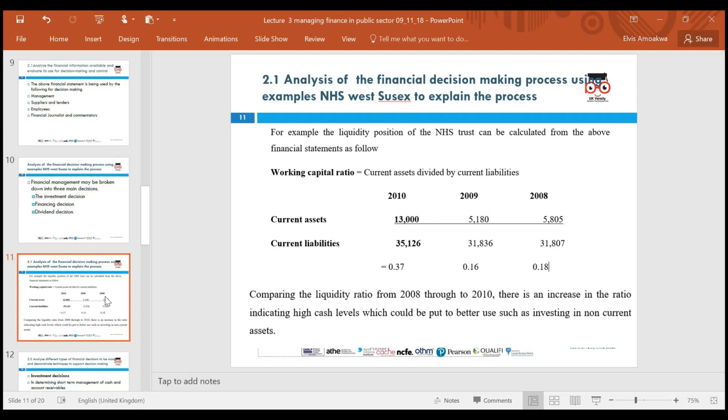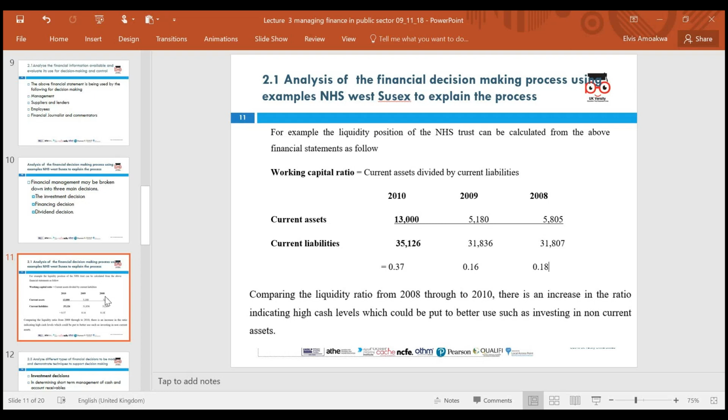And the working capital ratio is simply dividing the current assets by the current liabilities. And because this information is in the public domain, you can just go online, find their balance sheet, get their current assets divided by the current liabilities, and then you will be able to know the liquidity position of the organization.